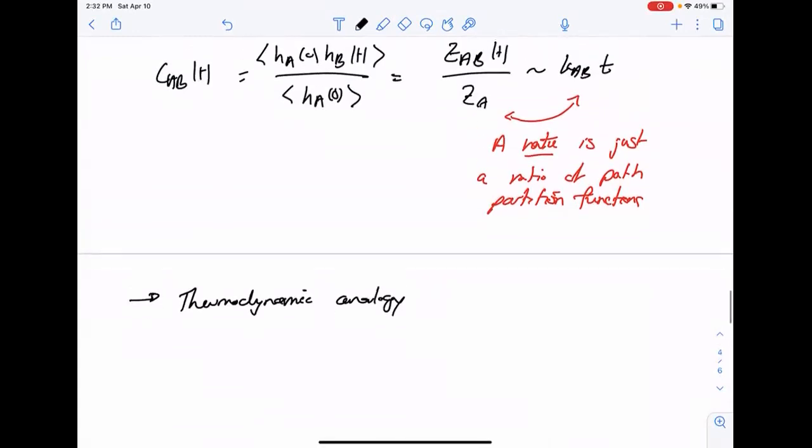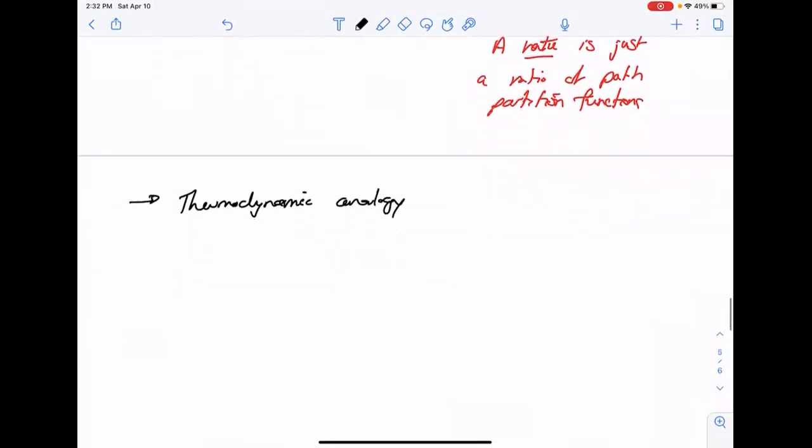Here, a ratio of path partition functions can be thought of as a reversible work, but in a path space, in a space of trajectories.